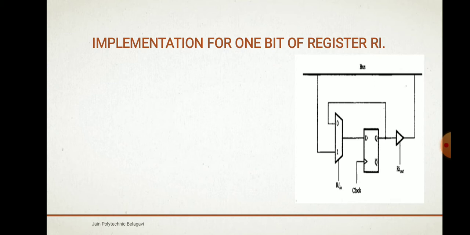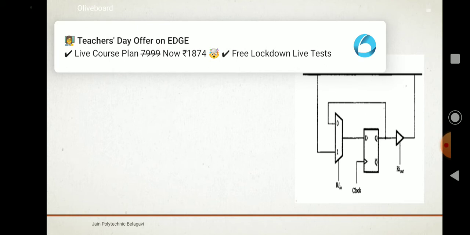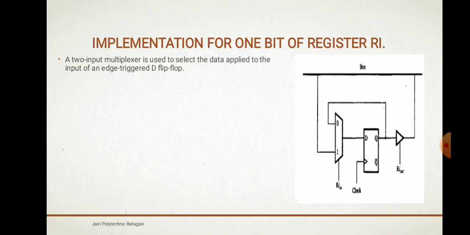Now we'll see how a 1-bit register Ri will be implemented. A 2-input multiplexer is used to select the data applied to the input of an edge-triggered D flip-flop. So this is the diagram.